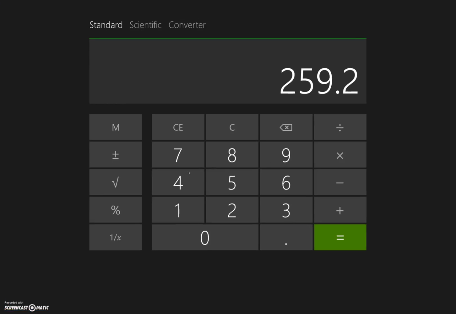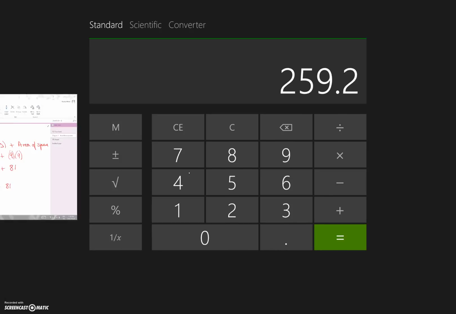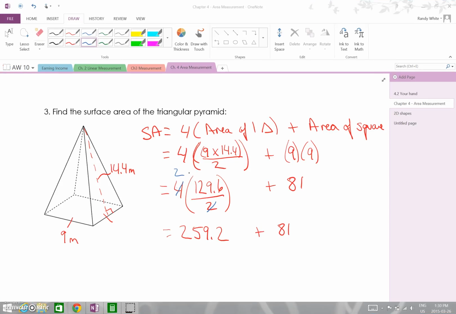So 2 times 129.6, and I get the exact same answer. So it doesn't matter which way you do it, you'll still get the same answer. So I'm going to add those together. So that's 0.2. So that's 10, carry the 1. 14, carry the 1. 340 meters squared.